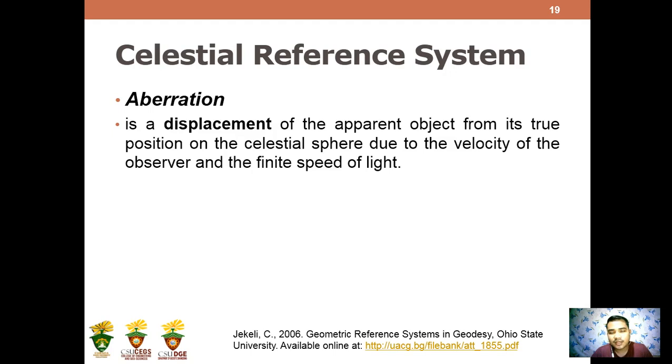For example, you observe stars at 8 PM, then around 12 midnight their position has changed. It's because of a displacement, since we, the observer, are on an object or celestial body that is moving or rotating.